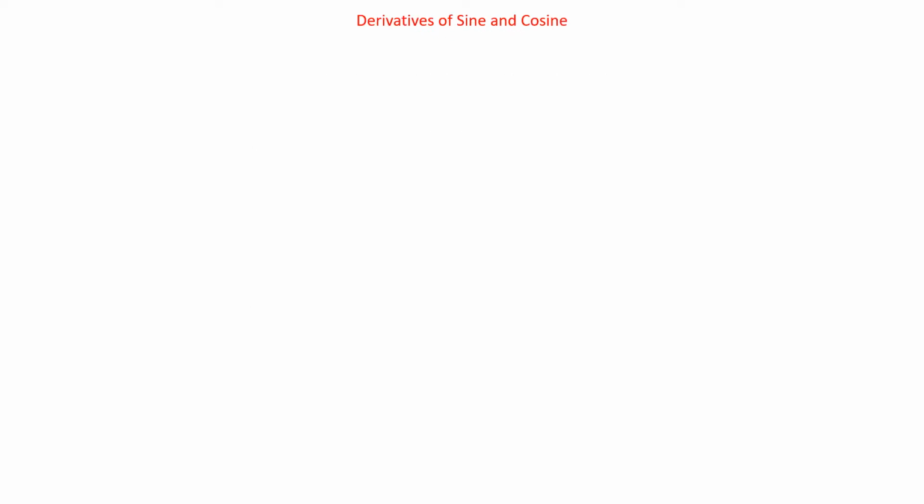And so the derivative of sine and cosine, as we saw and as expected: the derivative of sine of x is cosine of x, and the derivative of cosine of x is negative sine of x. Now, why would these be? We're going to find the derivative of sine of x.